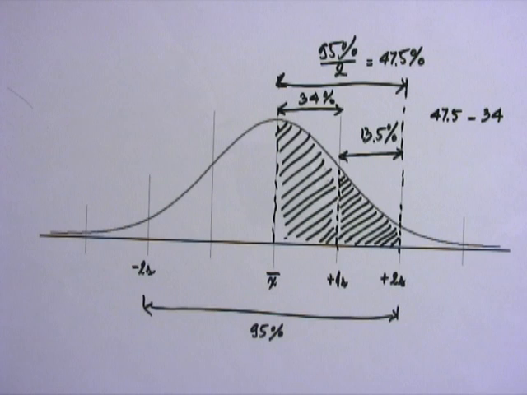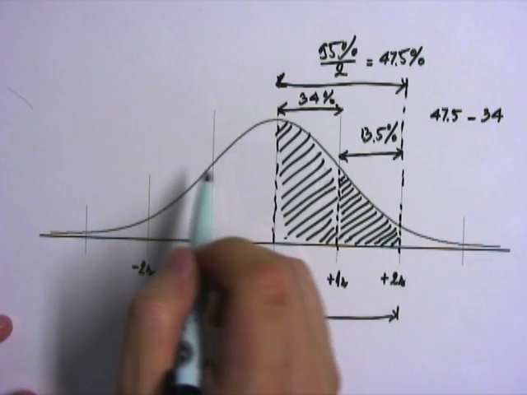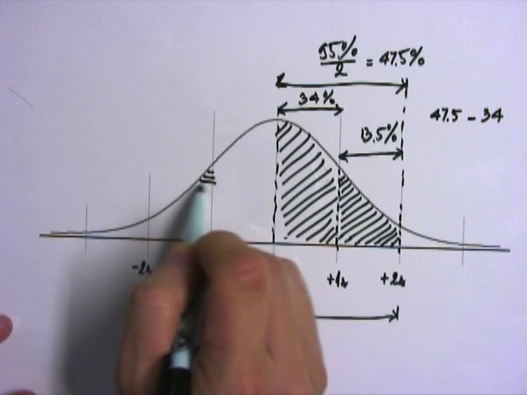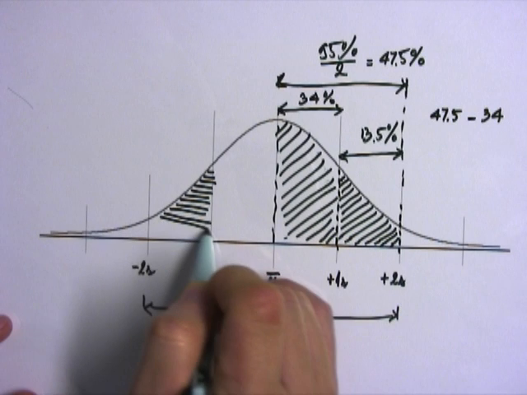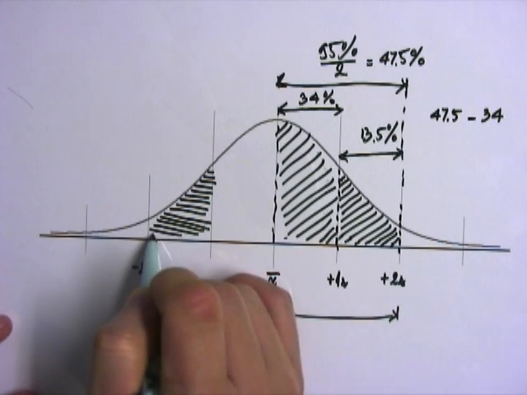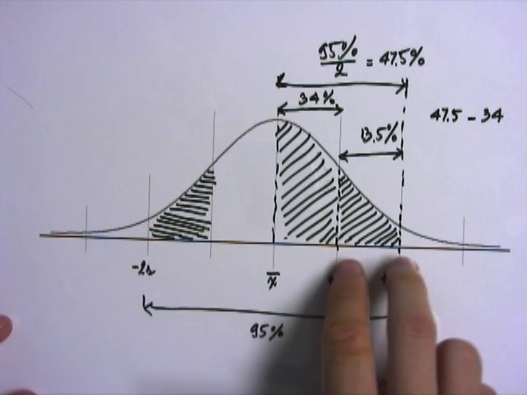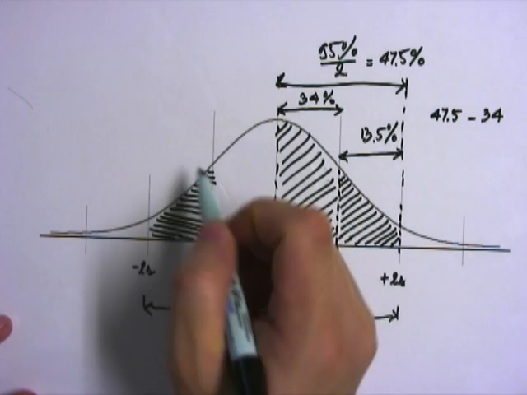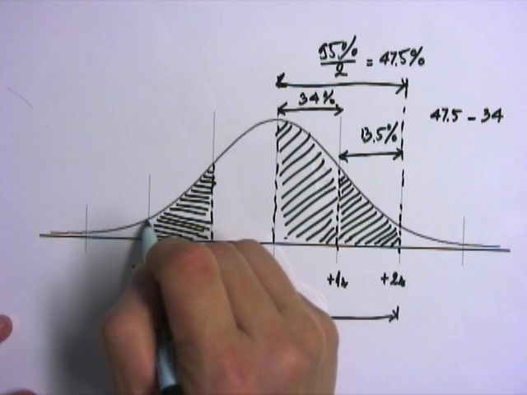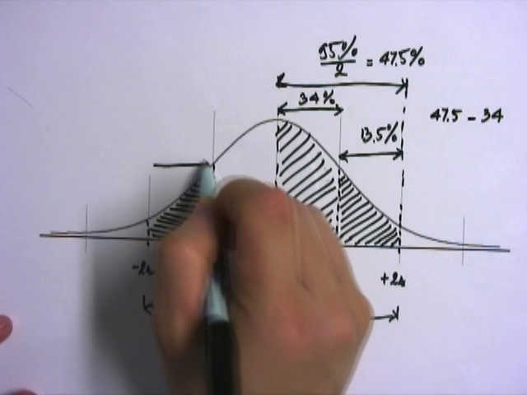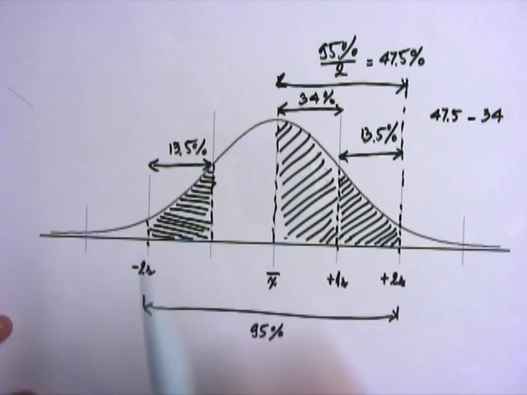And by similar arguments, or without any formal argument, you can quickly see that this area that I'm shading right now is precisely the reflection of the other area on the other hand side. And so that is another 13.5% in between there.